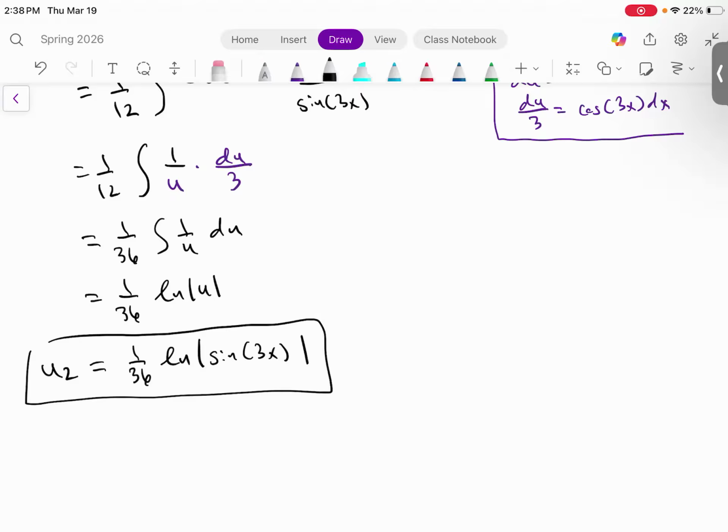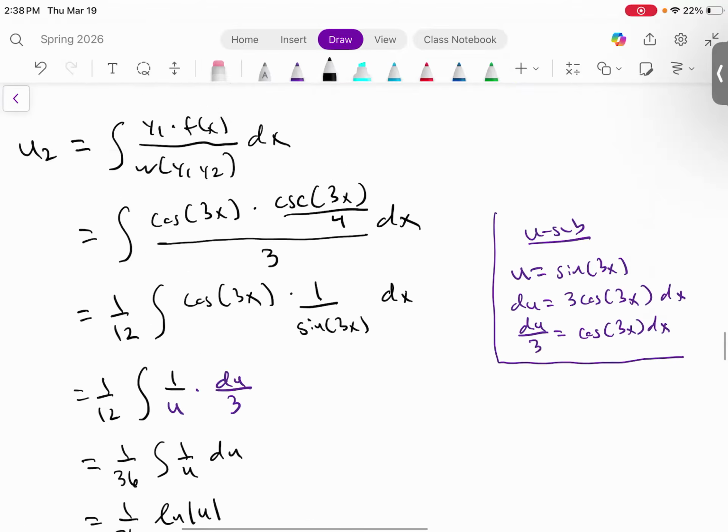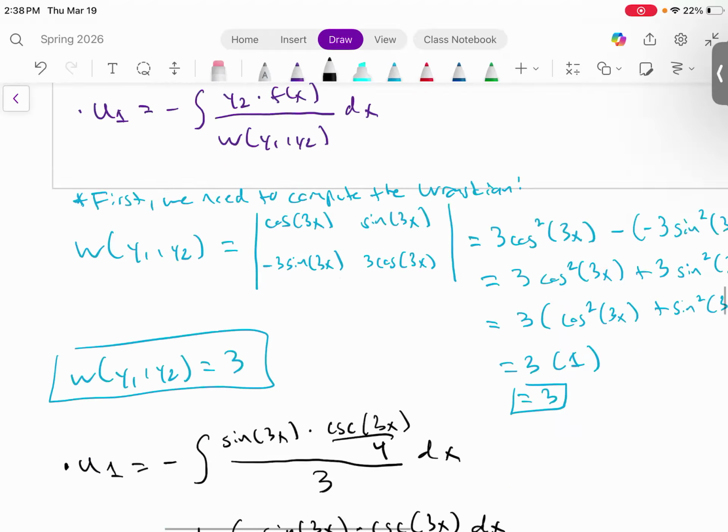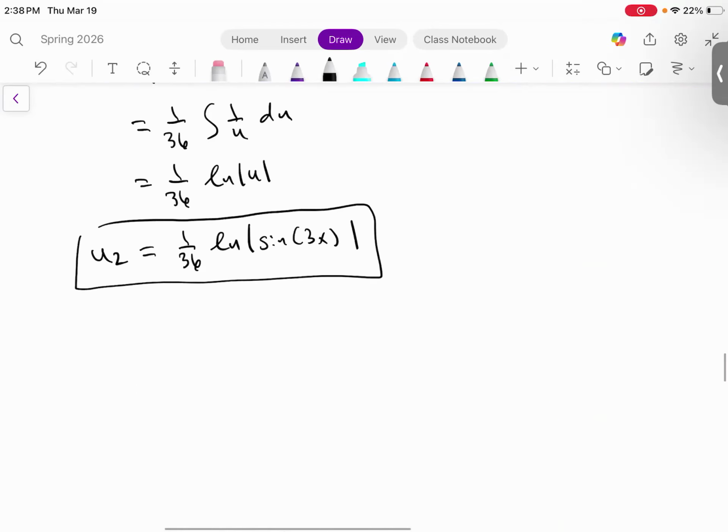All right, so let's put this all together now. What step were we on? We were on step 4, so we can call this step 5 now.